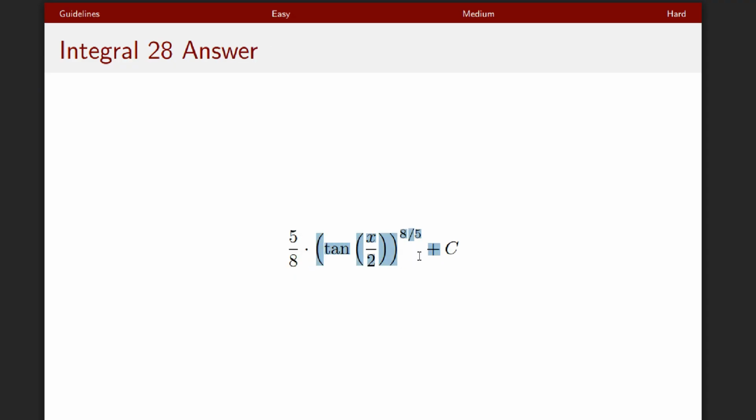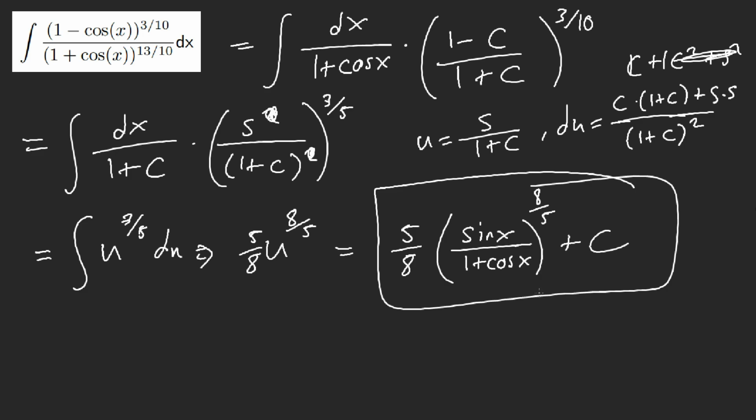Oh yeah. Tangent x over 2. Yeah, that also works. For those who are curious why this is equal to tangent of x over 2, it's because if you treat it like a double angle, you get this is also 2 cosine squared.